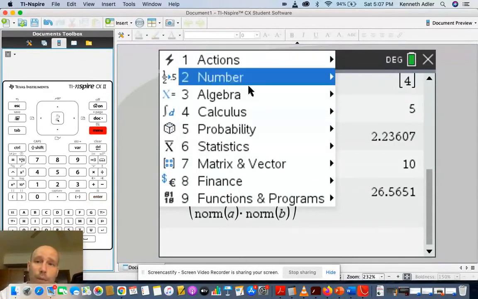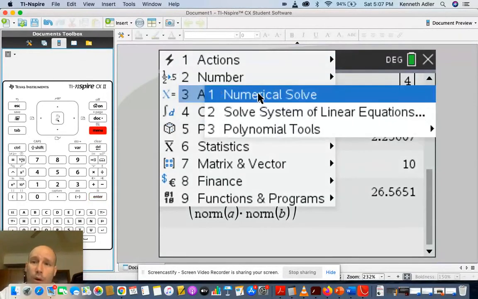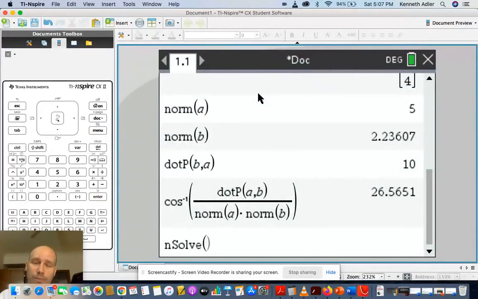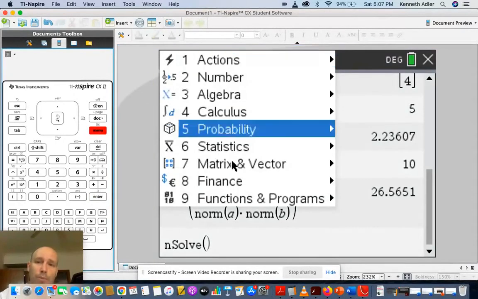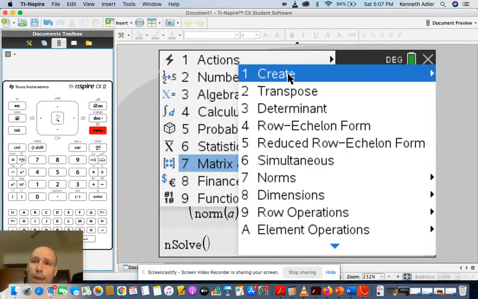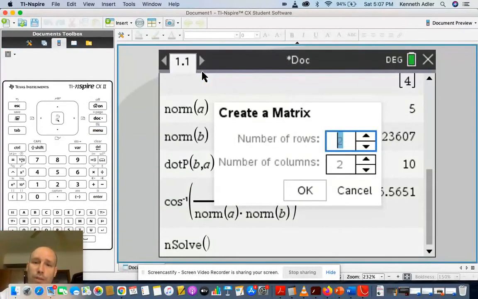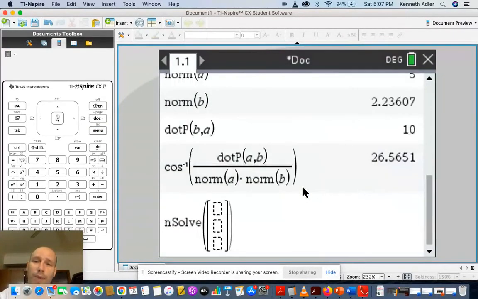I'm going to algebra, numerical solve, right? What we're going to do is I want the dot product, menu, matrix vector, create a matrix. This time it's going to be 3 rows and 1 column.